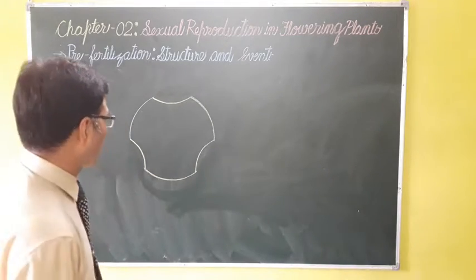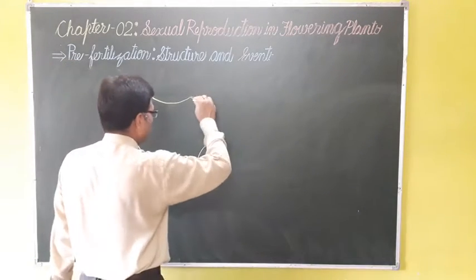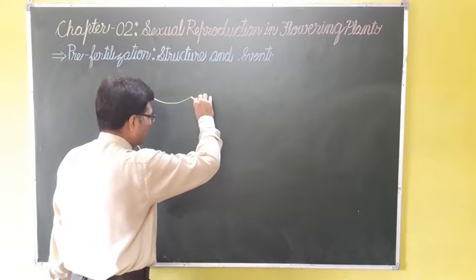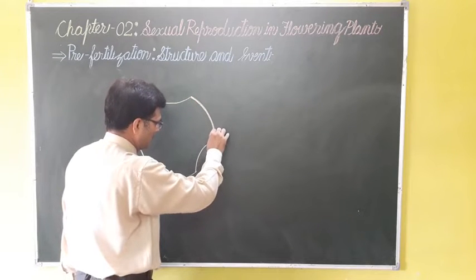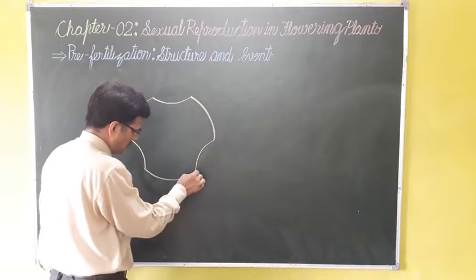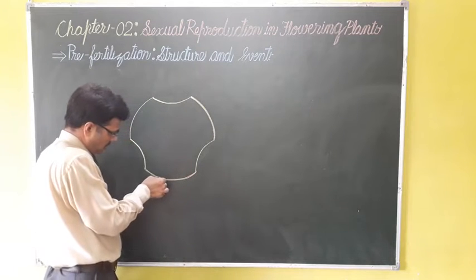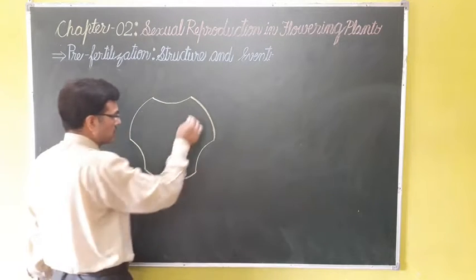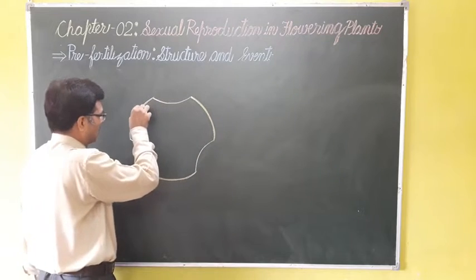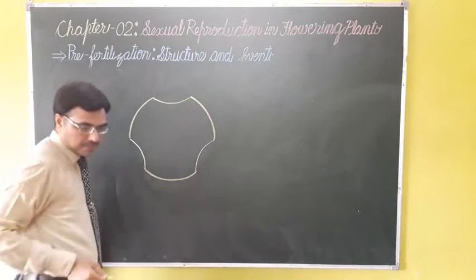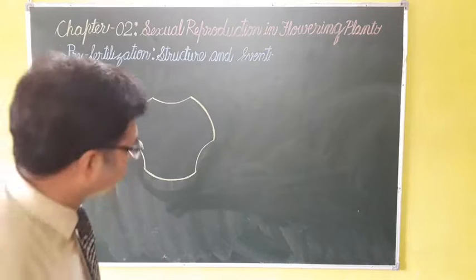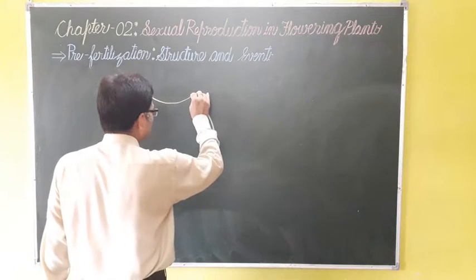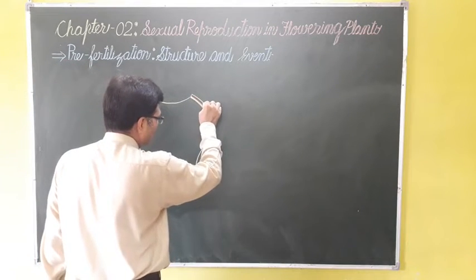Right? So in a pollen grain, this is the outermost layer. No, it is not the outermost layer. Above it, one more layer is there. This is one more layer.